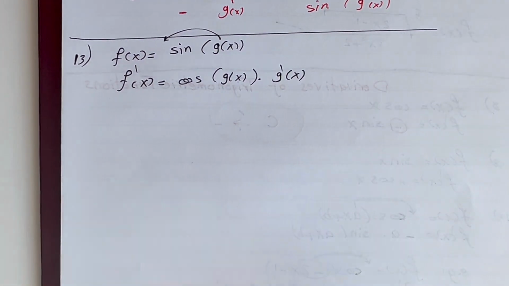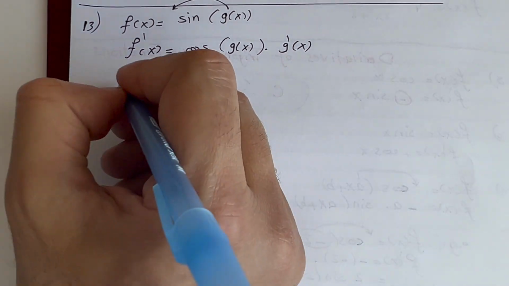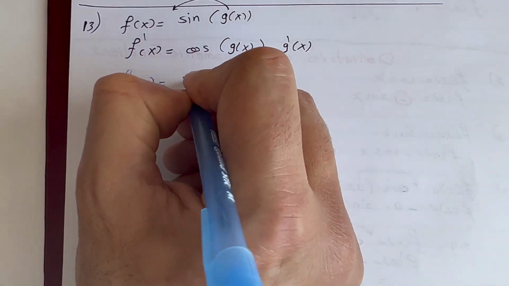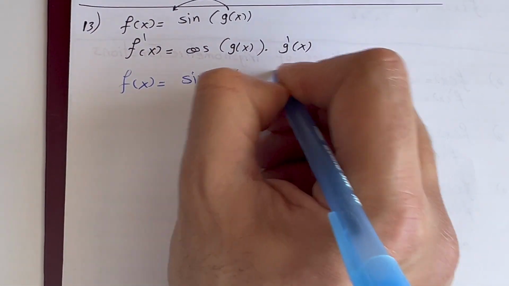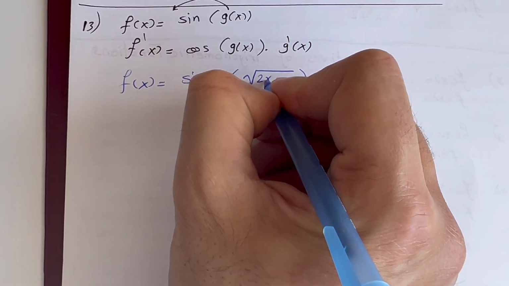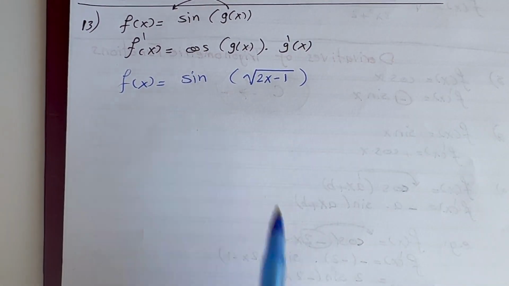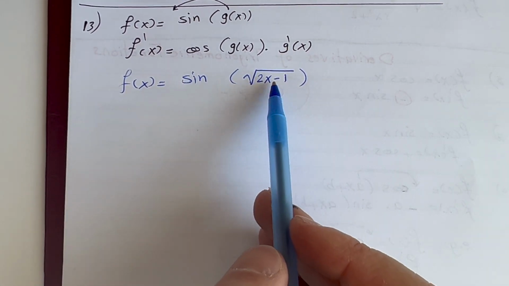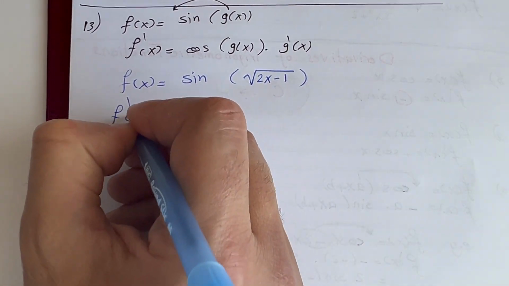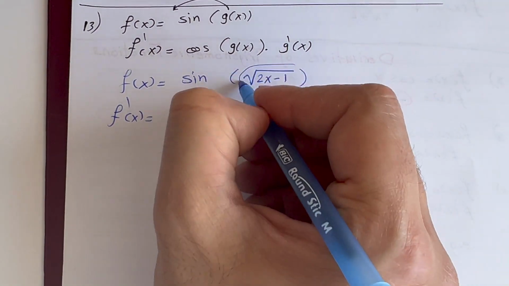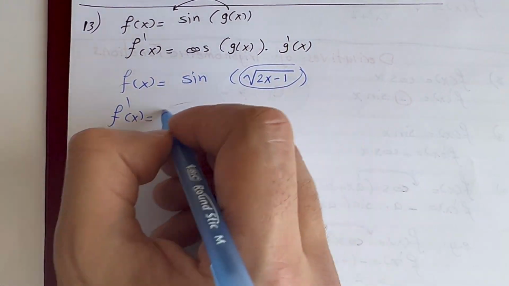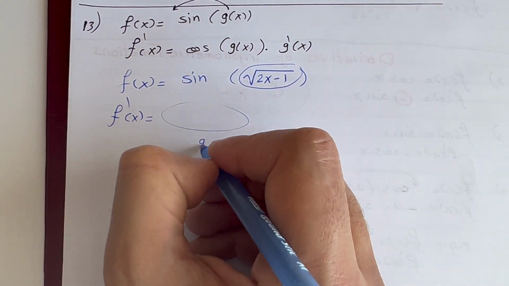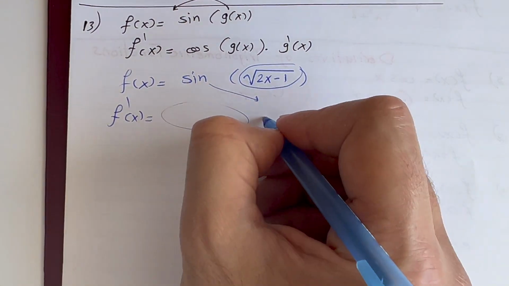Example. What if I have sine of the square root of 2x minus 1? See here, there is a radical function inside a trigonometric function, so this is g(x). The derivative says, take the derivative of the angle, put it outside, which is g prime, and flip the sine to cosine.